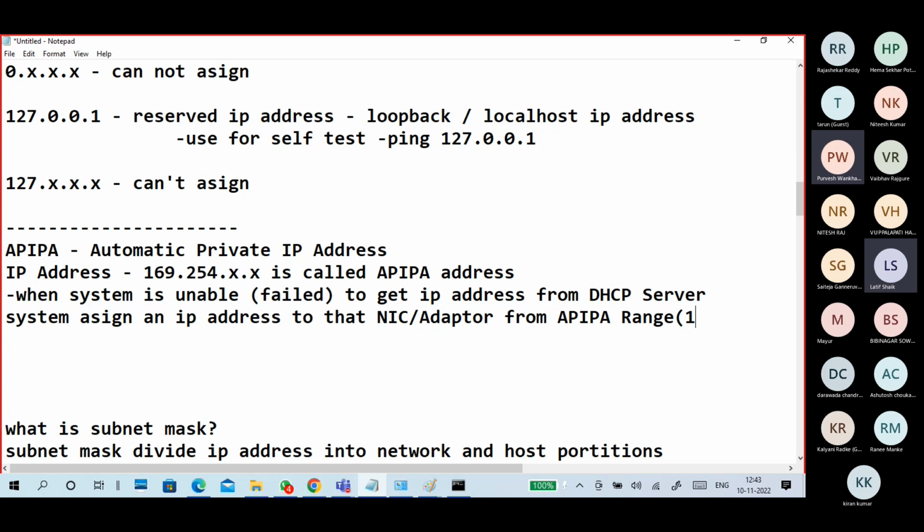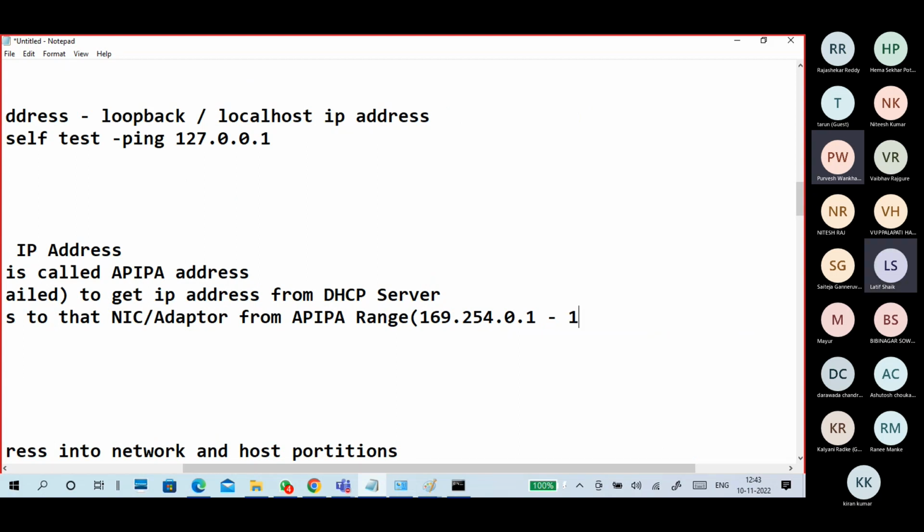What is the range? 169.254.0.1 to 169.254.255.254. I'm giving a horizontal range.